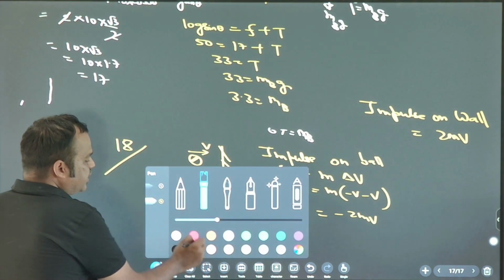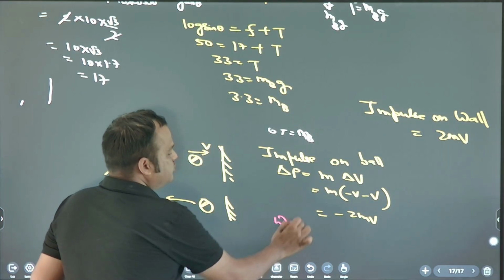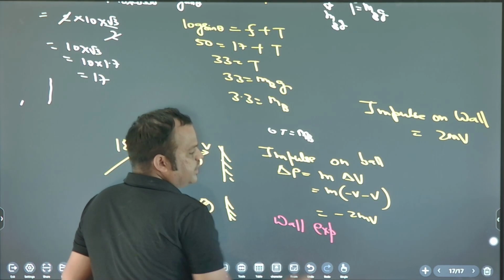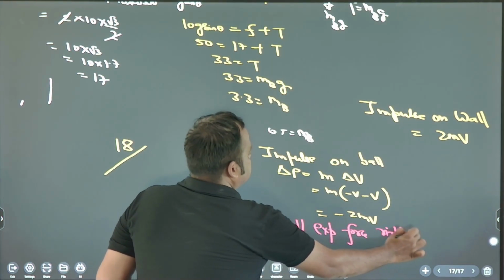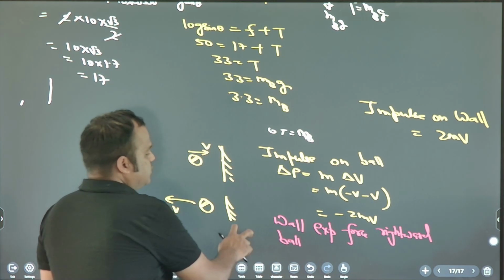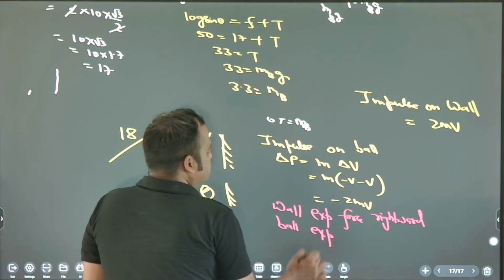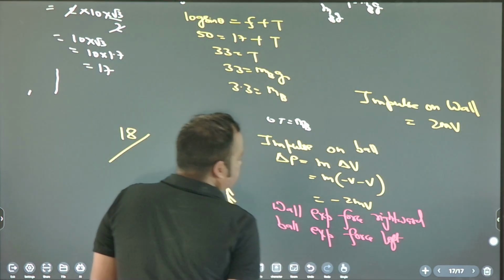So impulses are equal and opposite. Understood? Action and reaction, Newton's third law.